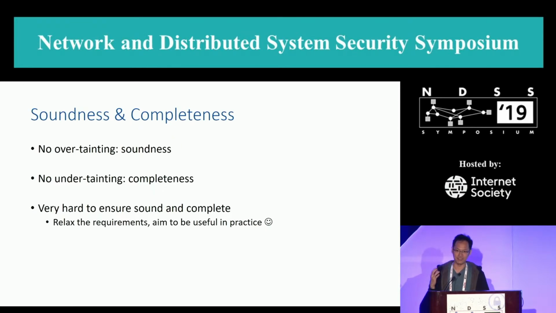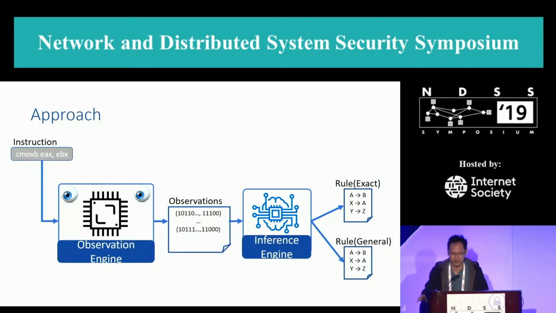We say that a system is sound if it does not over-taint, and complete if it does not under-taint. It's really hard to get TAINT rules that are both sound and complete, and in our work, we never claim that we generate rules that are both. What we are aiming for is to generate rules that are practical, and we'll see how we can do that.